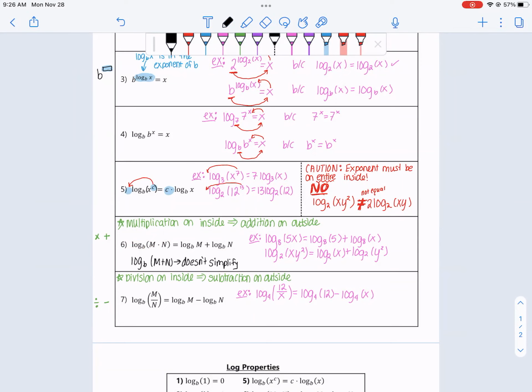Addition or subtraction on the inside doesn't do anything. It does something when there's multiplication or division on the inside. Multiplication or division can change into addition or subtraction, but addition on the inside doesn't turn to multiplication on the outside. So if you have log of m minus n, this doesn't simplify.